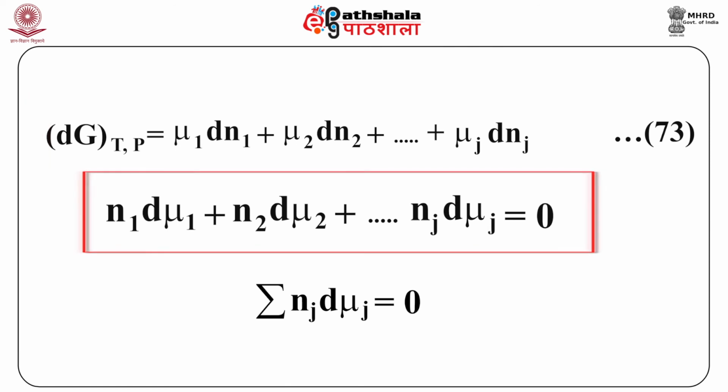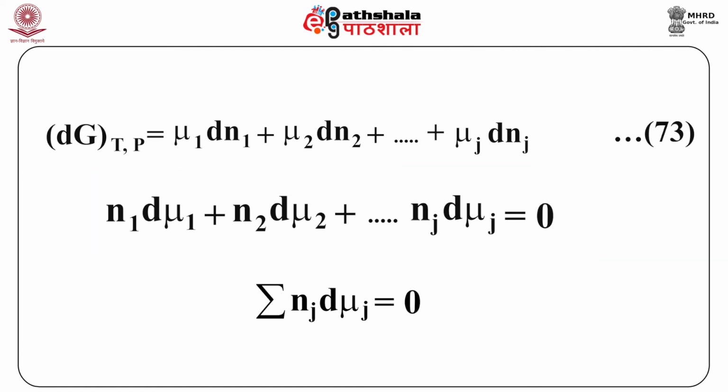Therefore, we have n1 d mu1 plus n2 d mu2, up till nj d mu j equals 0. It is concluded that at constant temperature and pressure, the system has definite composition, that is, summation nj d mu j equals 0. This is our equation 74 and is called the Gibbs-Duhem equation.